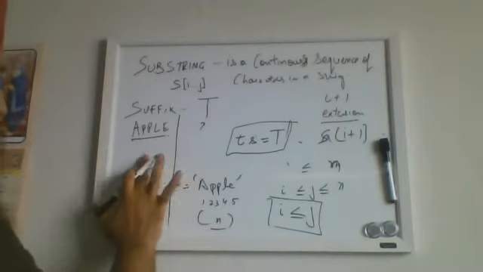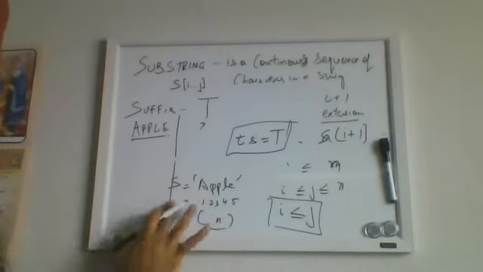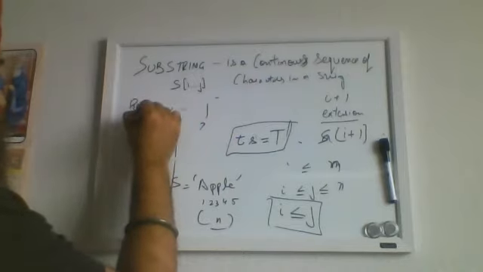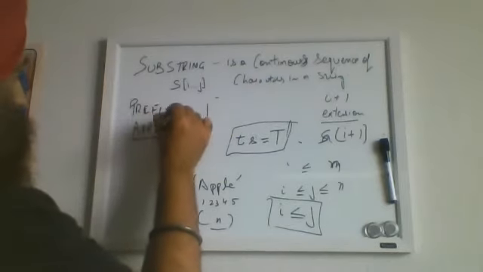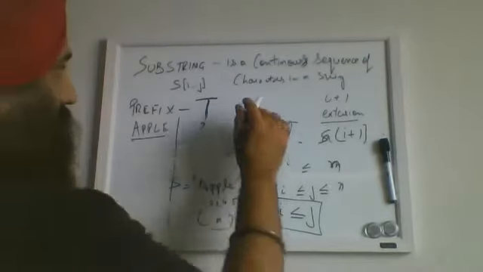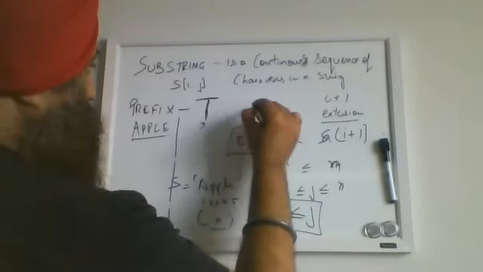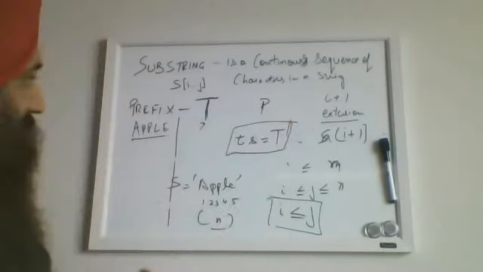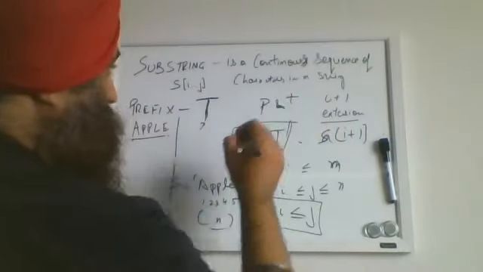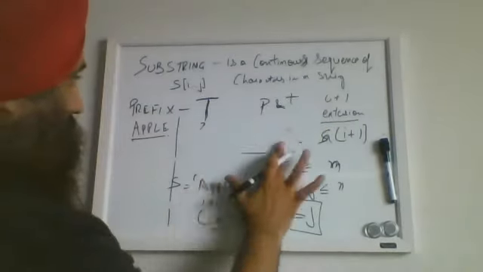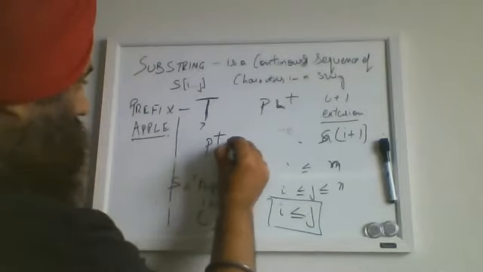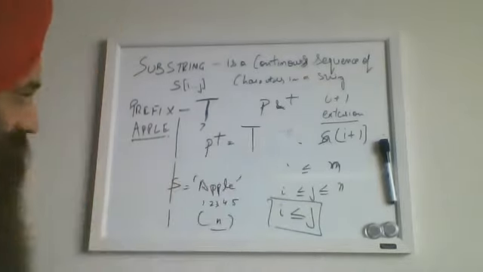On the counter of that, what is a prefix? Suppose we have a string t. Now p will be a prefix of t if there exists a string s such that when you concatenate p and s, you get the whole string.